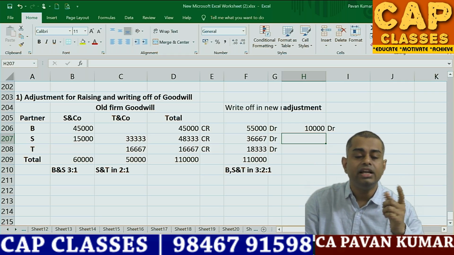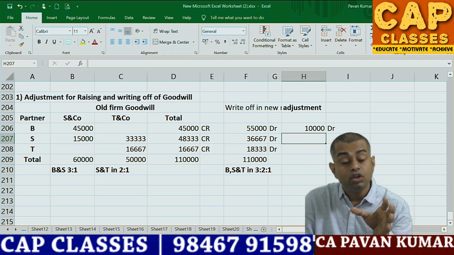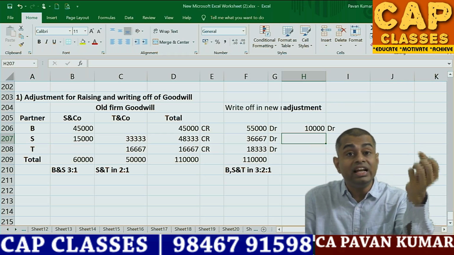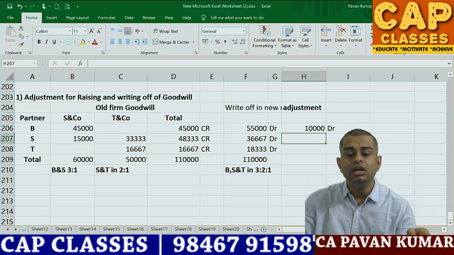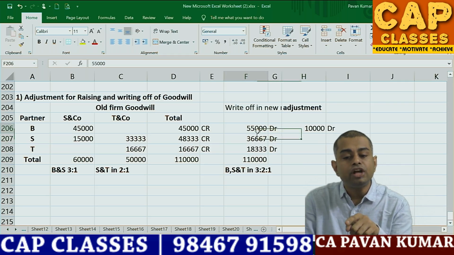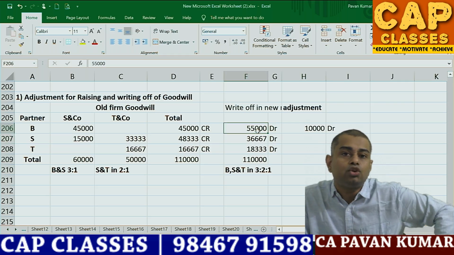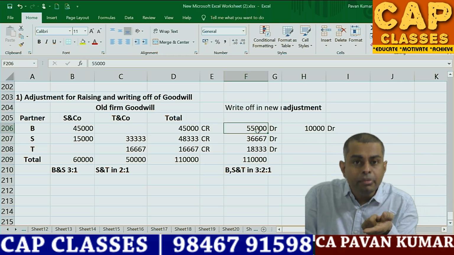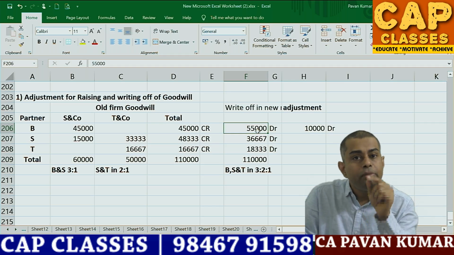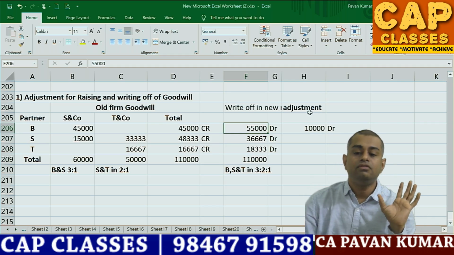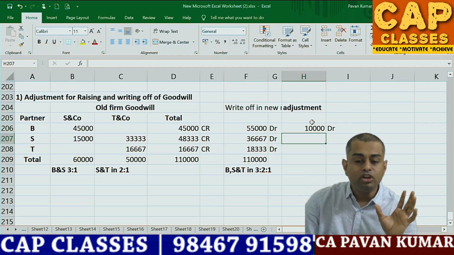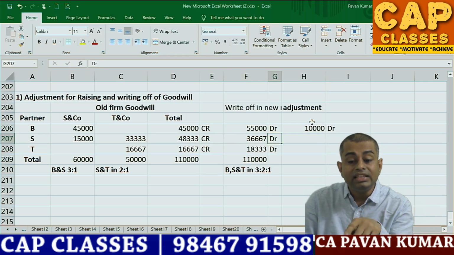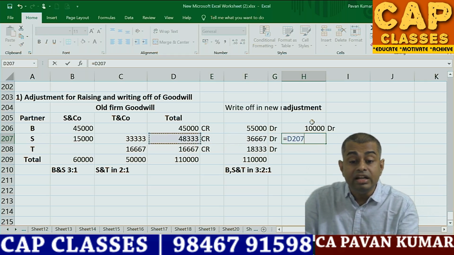Logical way of understanding is there is one partner who has 45,000 rupees worth goodwill in his account in the old firm. In the new firm, he will enjoy 55,000 worth goodwill. So he has to bring 10,000 cash. If he is not bringing 10,000 cash, his account should be debited with the 10,000. Then what about the second guy? Second guy, 48,333 credit, then 36,667 debit.